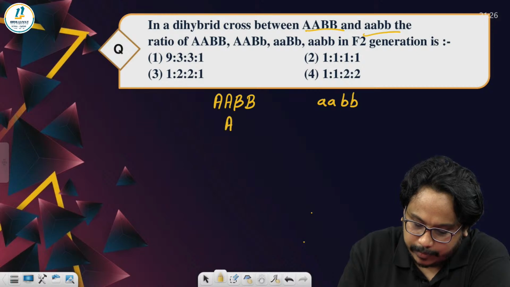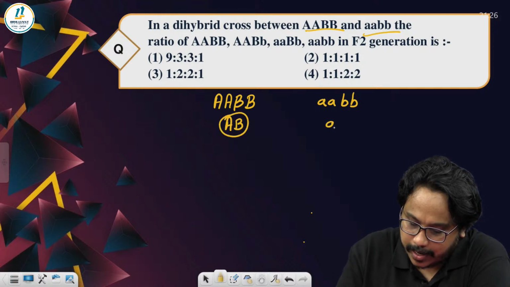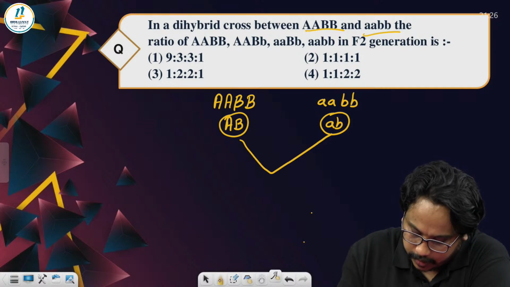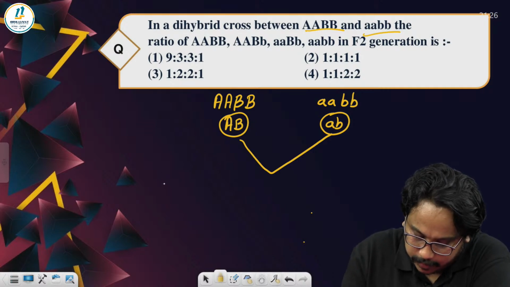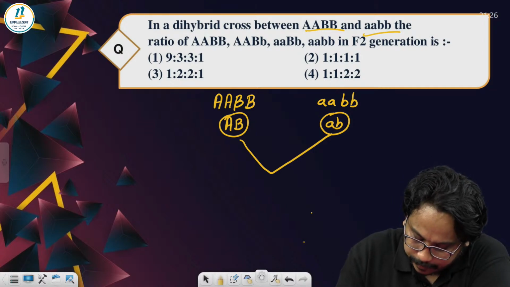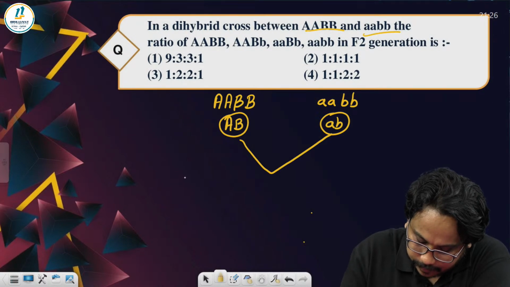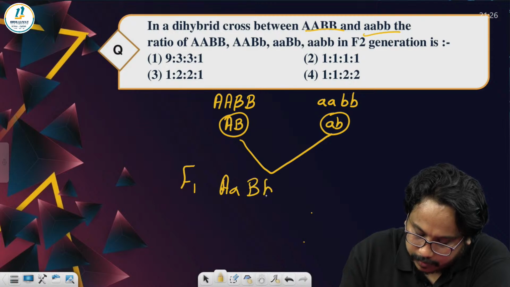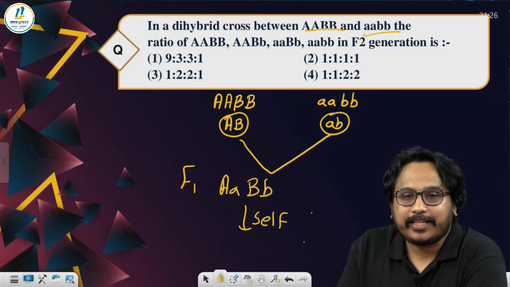The gametes they will be forming are this one and this one. And the F1 generation will be having capital A, small a, capital B, small b. Then when it is selfed, you will be getting a ratio.